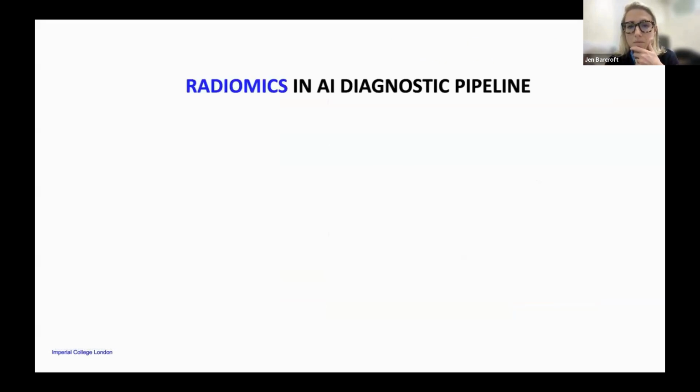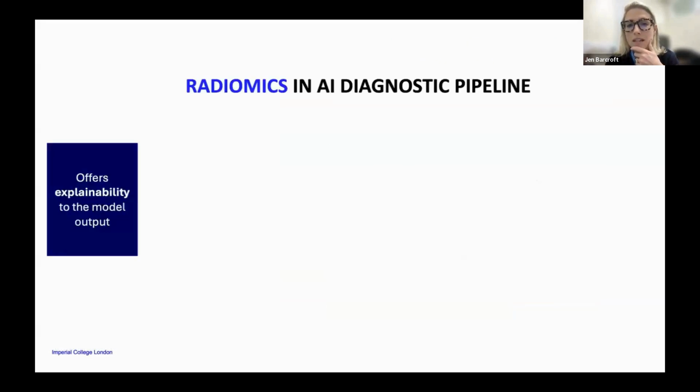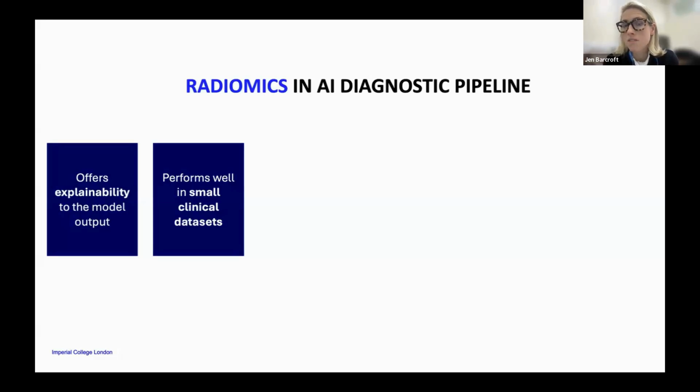So then really just to summarize, radiomics within an AI diagnostic pipeline. The benefit really is that it offers a degree of explainability to the model output, because as I said, radiomics features indicating non-uniformity can actually be very helpful in understanding that it's likely to be true on the basis that we agree that heterogeneity is a feature of a malignant mass.